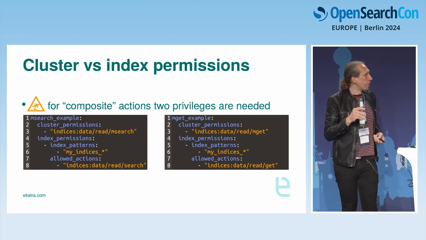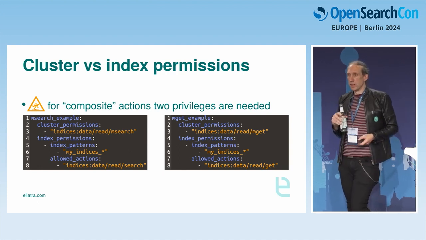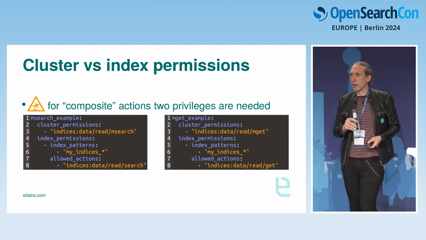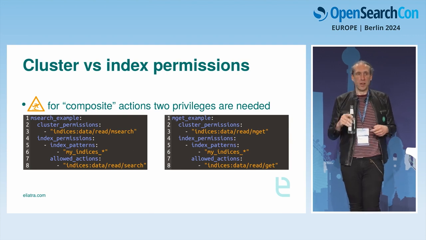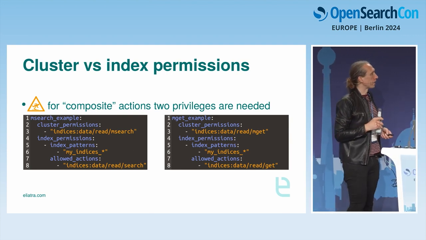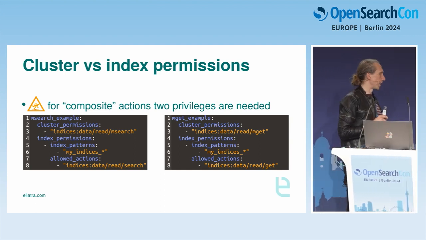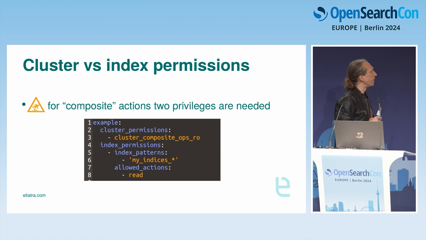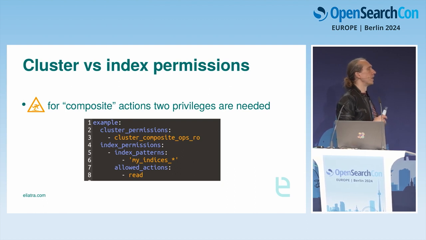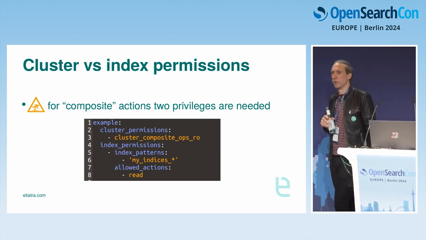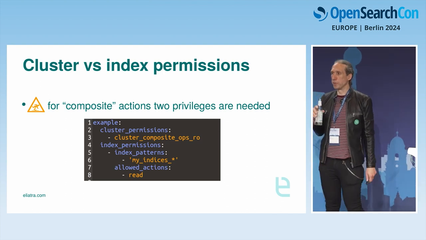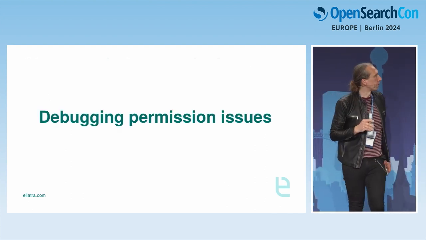So keep in mind, this is a standard pattern you will often have to apply when configuring complex actions that need several permissions for one action. And just repeating the recommendation, if you use just the action groups, these have them already all included.